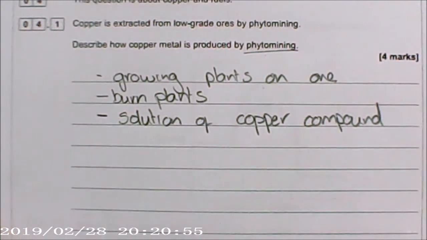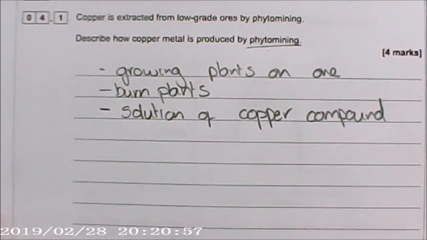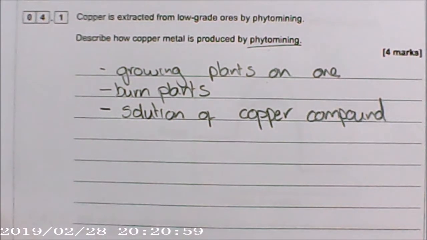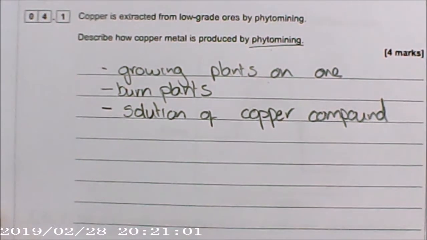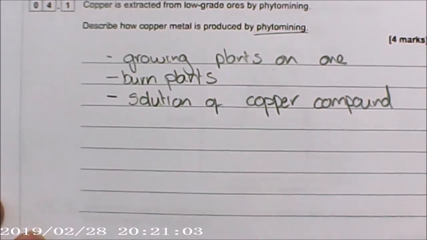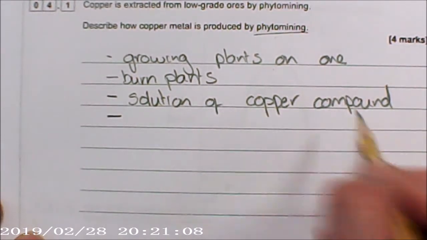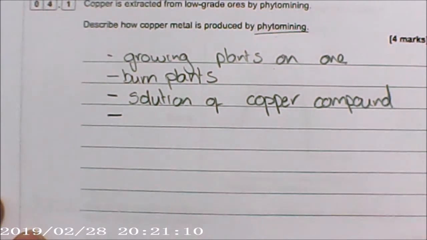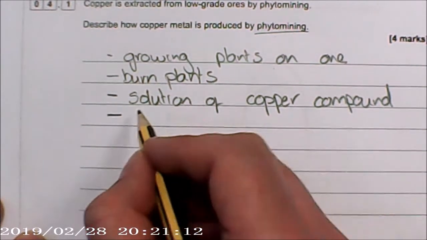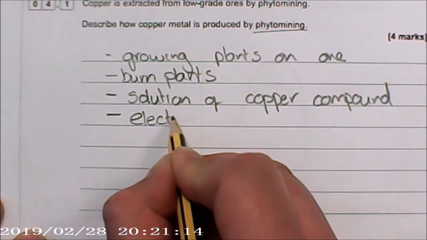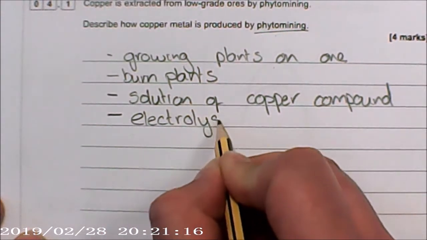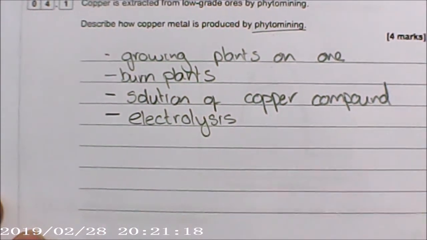So if you've said dissolve it in sulfuric acid and you'll get copper sulfate, something like that will be absolutely fine. So that's going to be our third mark. So then the fourth mark is how we get pure copper from that compound, and there's 2 ways in which you can do that. So if you have mentioned the word electrolysis, then that will get you a mark.